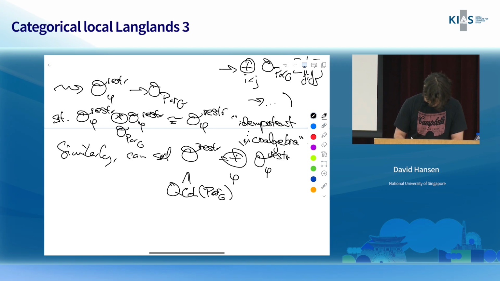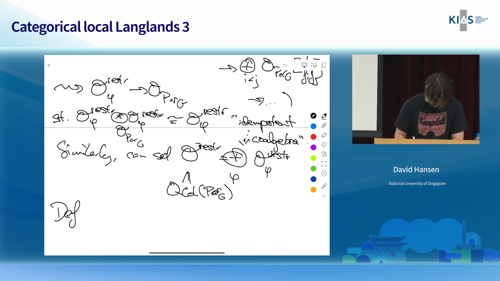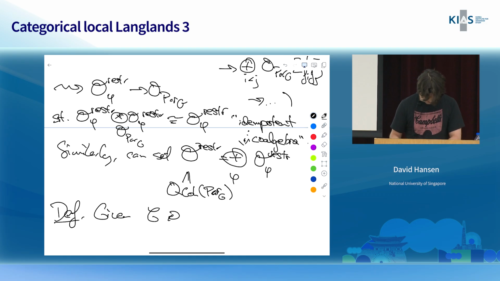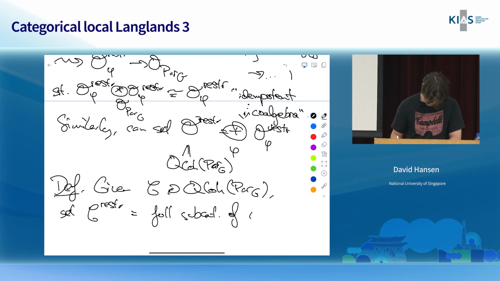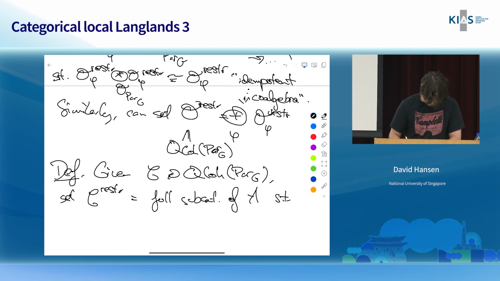And now here comes the key definition. So suppose given C, some object of PRL with an action of QCO par G, we set C restricted. So this is the full subcategory of objects A such that the natural map, let's think about this for a second.